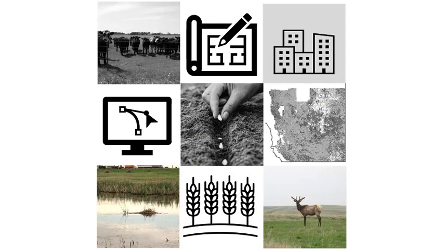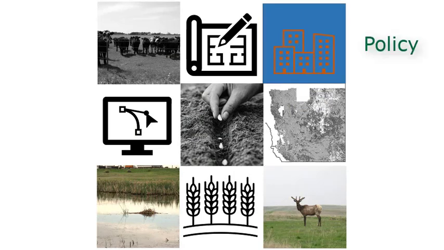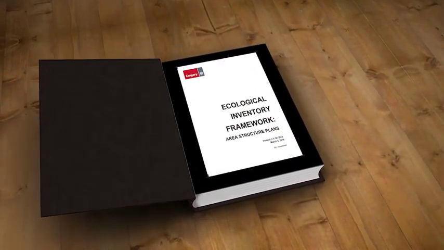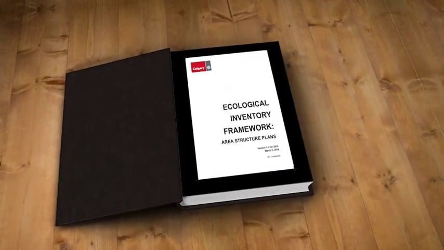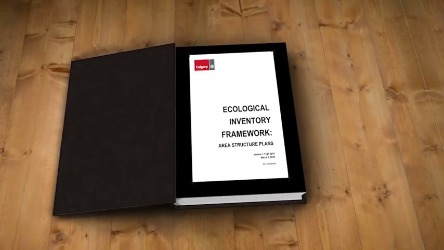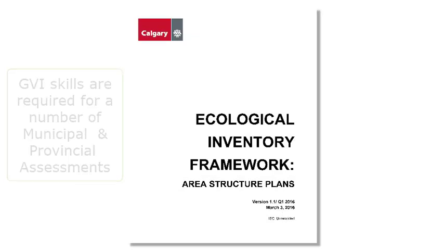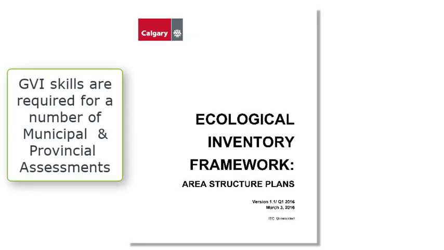Recently, municipal and provincial regulators have included GVI in their policies. The City of Calgary published their Ecological Inventory Framework for Area Structure Plans in 2016, which requires professionals completing an ecological inventory to use GVI as the basis for mapping and classifying land cover.